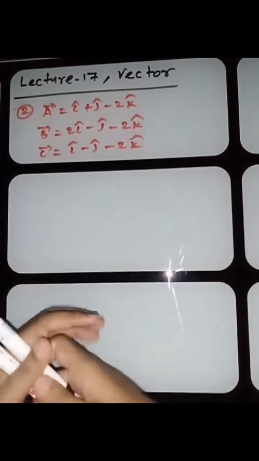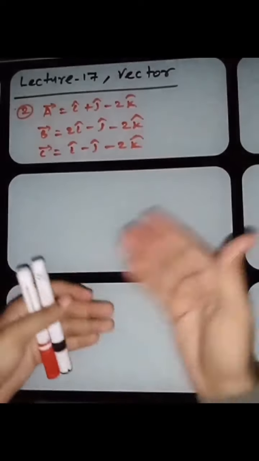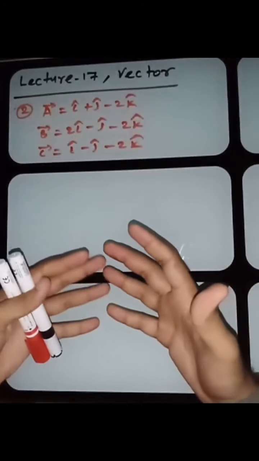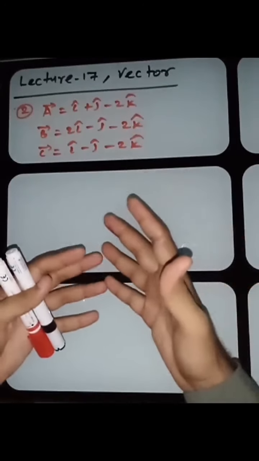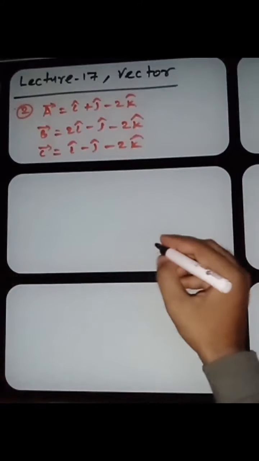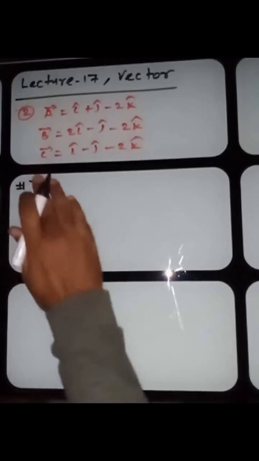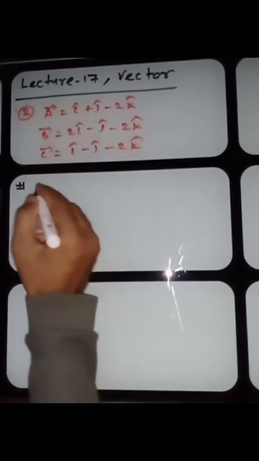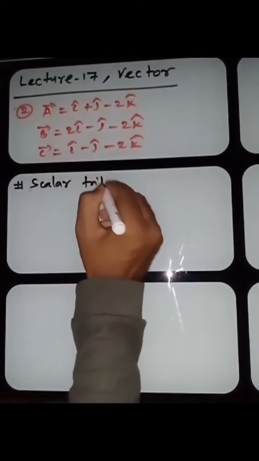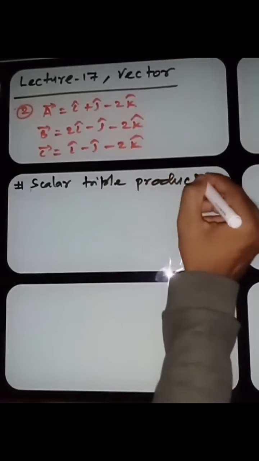All right. Now, the next thing, my dear student, here we are going to introduce the new topic. It is the scalar triple product. For example, if you have to find the answer of this one, this topic is the triple product, and this is known as the scalar triple product.